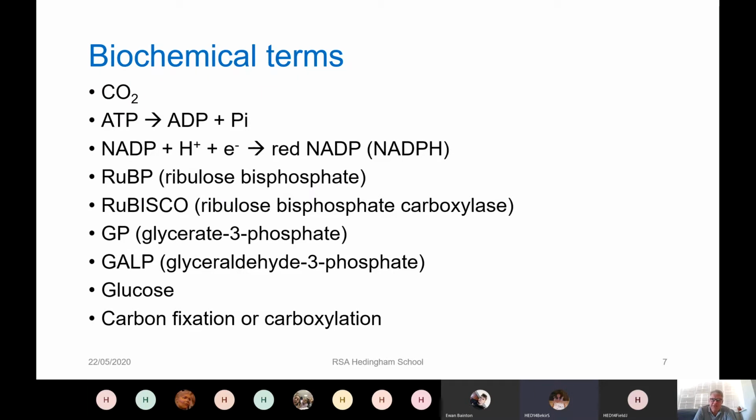Reduced NADP is the same thing as NADPH or NADPH2, because it holds 2 hydrogens. Americans tend to use NADPH, but I think the exam board use reduced NADP, so I would prefer you to use that, although it's not wrong to use the other one.